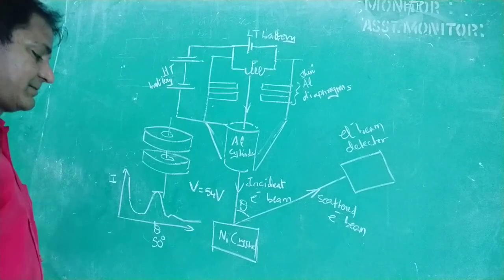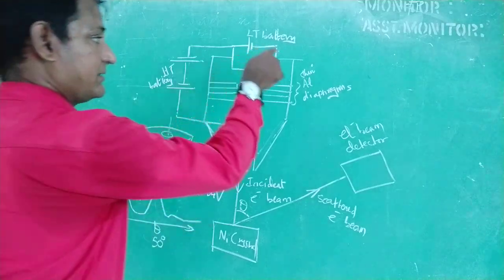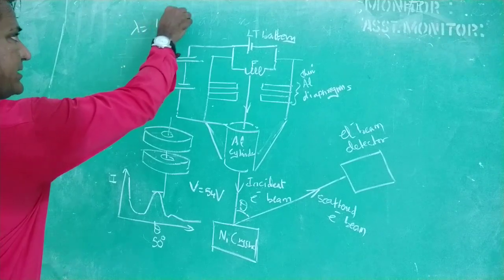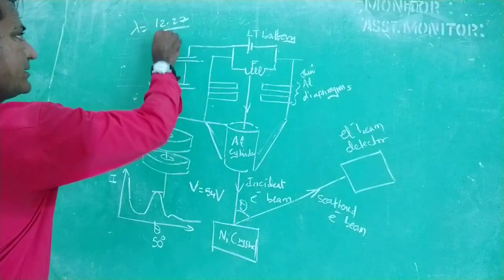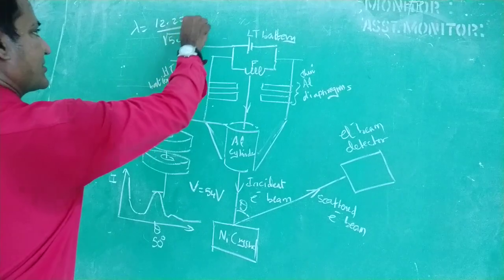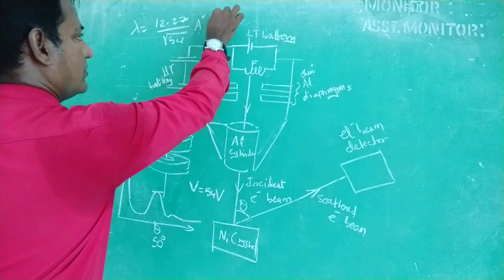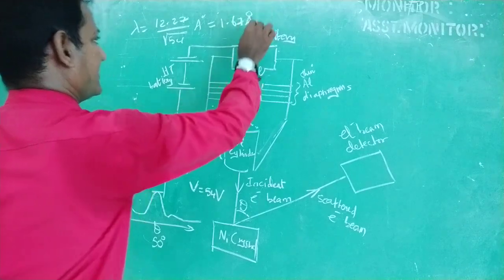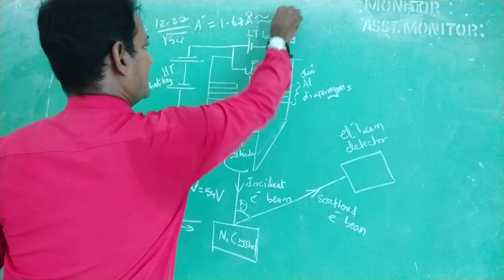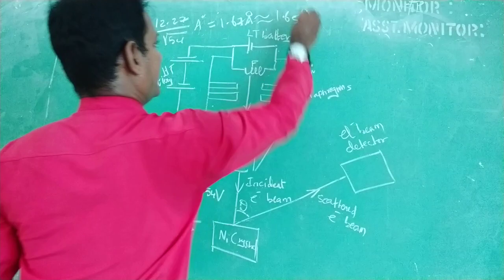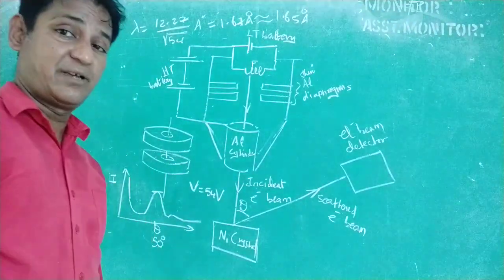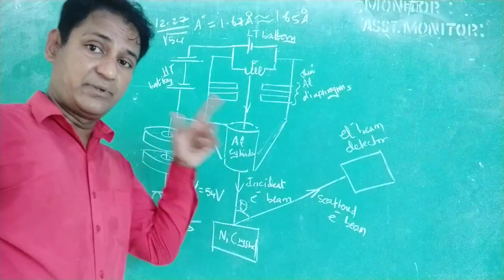At last, after substituting the value of 54 volt in the de Broglie wavelength, that is lambda equal to 12.27 by root 54 angstrom, the value obtained was 1.67 angstrom, which is nearly equal to the de Broglie wavelength of an electron, which behaves like a wave whenever it moves around the nucleus.